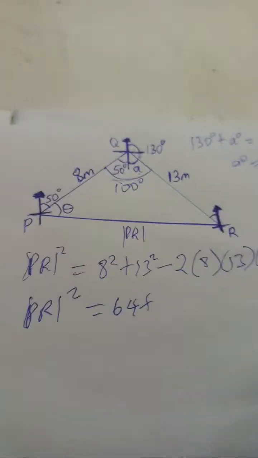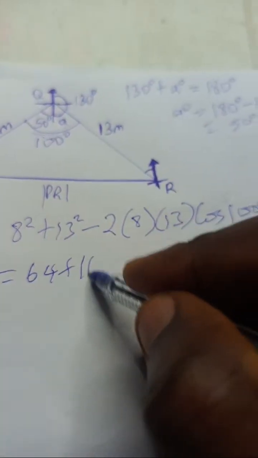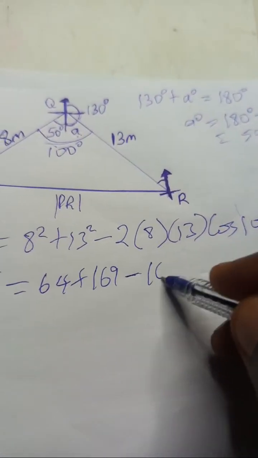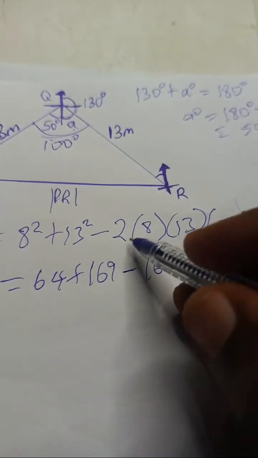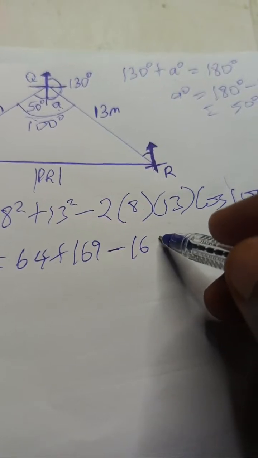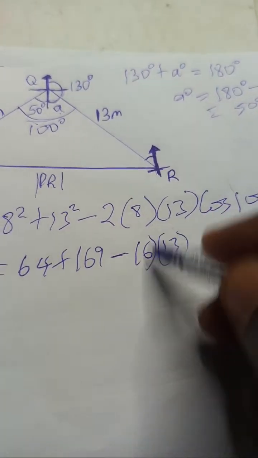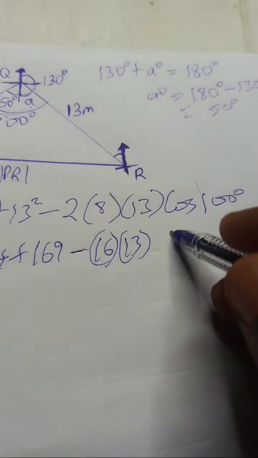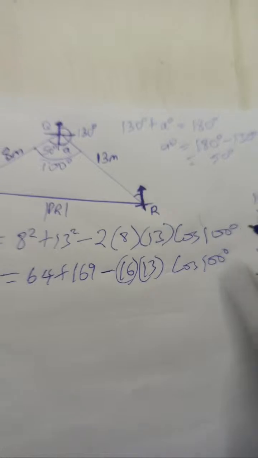That's 169. Minus 2 times 8, that will be 16, multiplied by 13, cos 100 degrees.